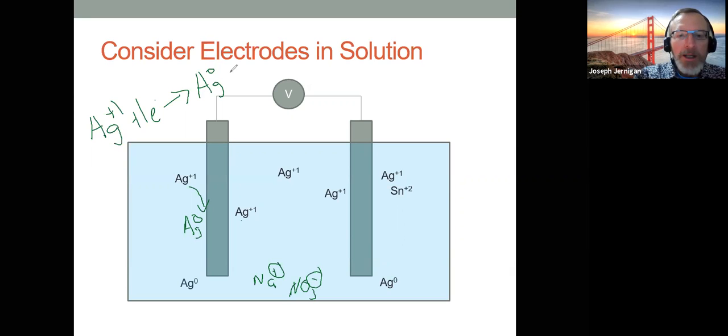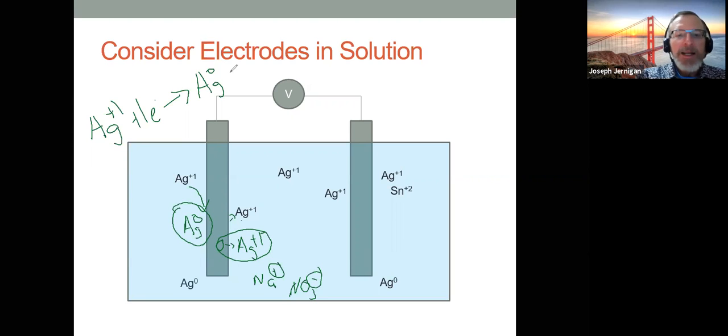And similarly, we've got silver 0 in here. Well, the silver 0 is going to see that silver plus 1 ion, and it's going to go to silver plus 1. Okay. So you got silver plus 1 coming out over here, but you got silver 0 going back in here.